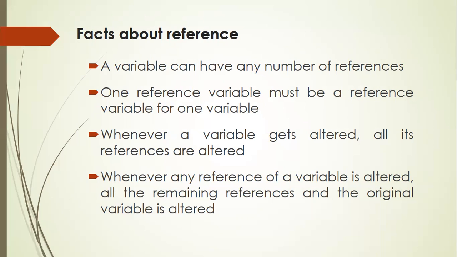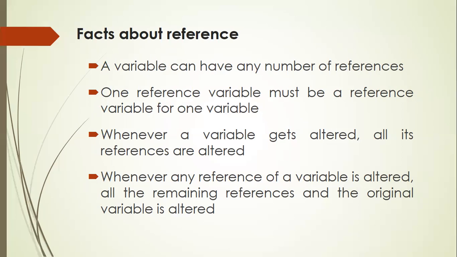But one reference variable should be a reference variable for one and only one variable. In the previous example, since B and C are the reference variables for A, throughout the program B should be a reference variable for A only. B cannot be the reference variable for another variable. Similarly, C also cannot become the reference variable for any other variable.